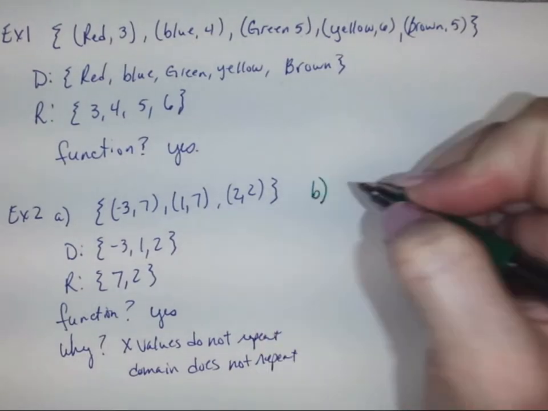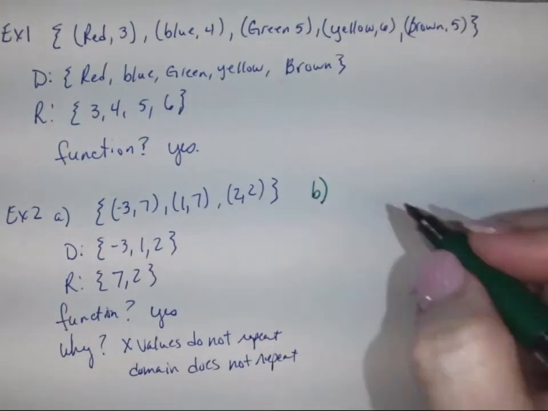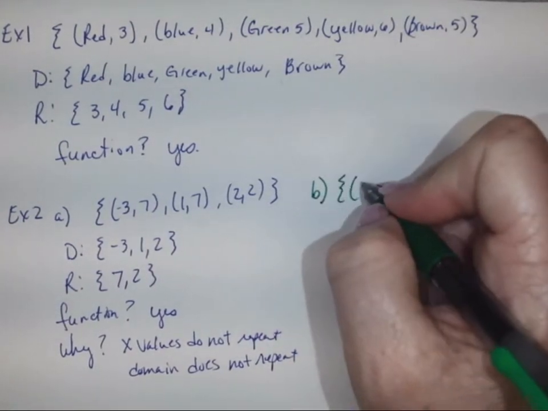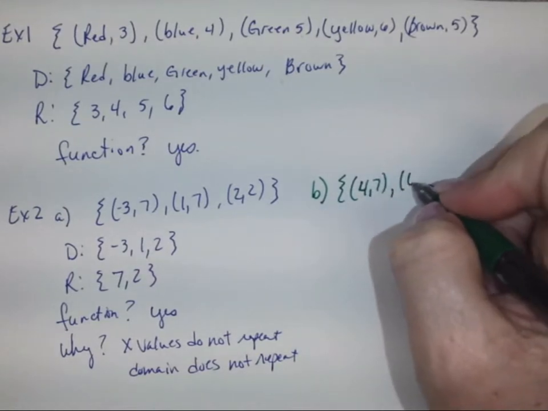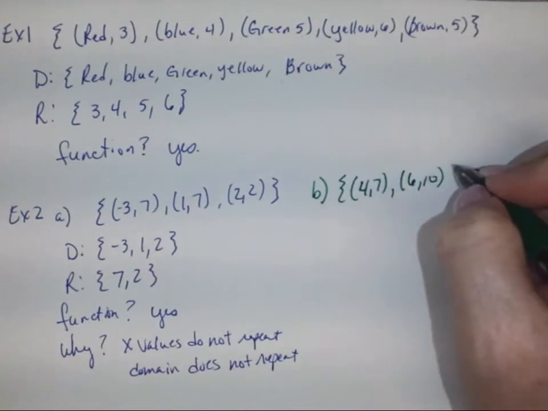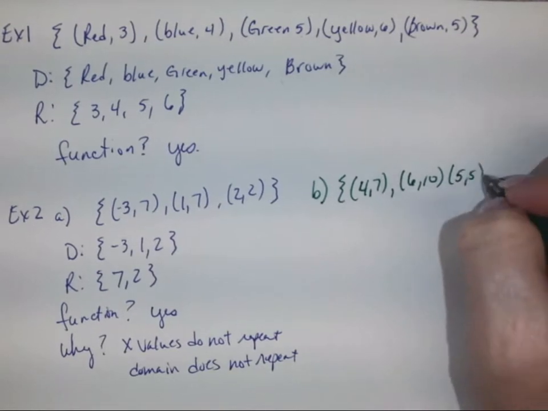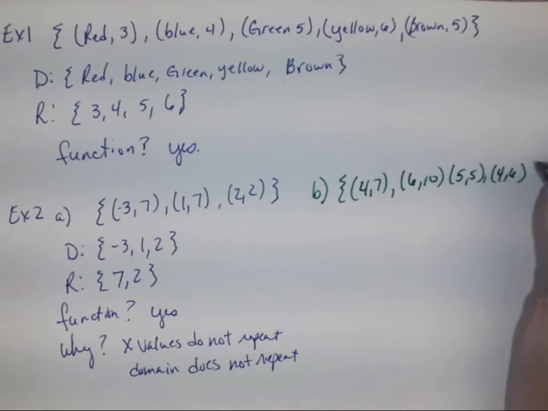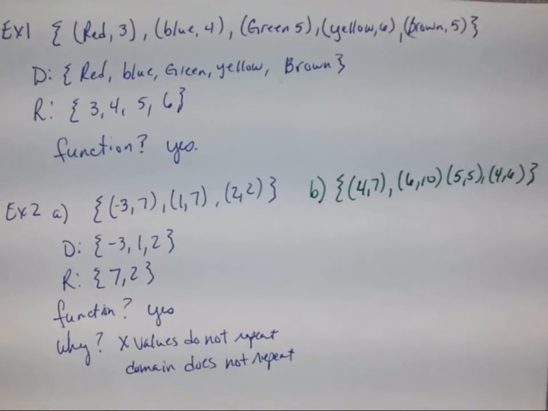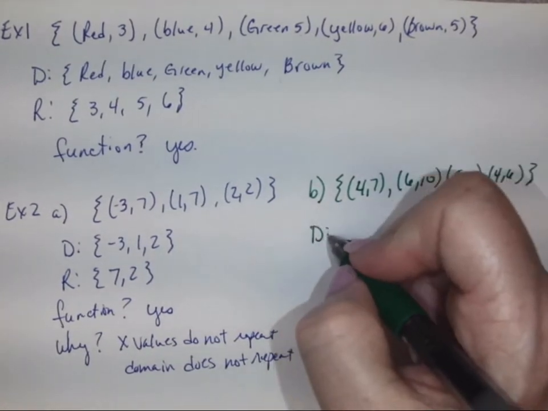All right, let's look at part B. For part B, we are looking at the ordered pairs 4, 7, 6, 10, 5, 5, and 4, 6. So again, we want to find the domain.